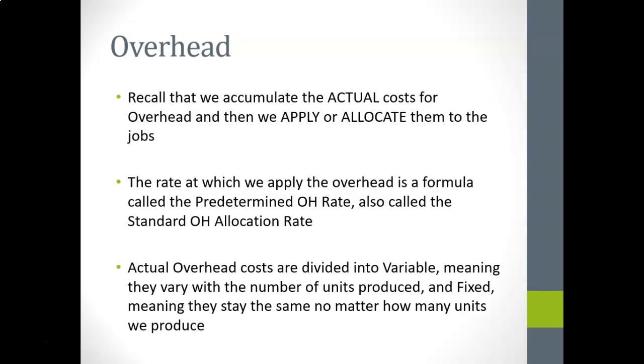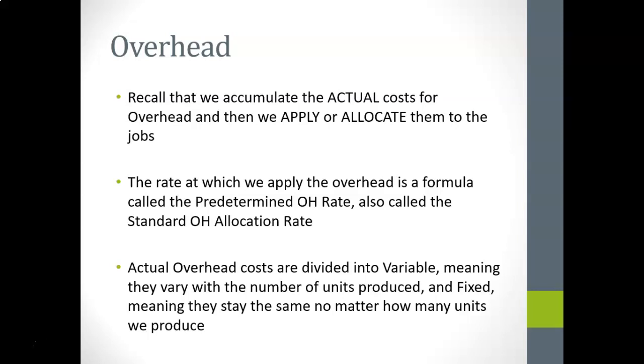The actual overhead costs for purposes of variance analysis are divided into variable overhead costs and fixed overhead costs. The variable ones, of course, meaning they vary with the number of units produced. So if we're making dog houses and nails are an indirect material, then remember that nails are an actual overhead cost.